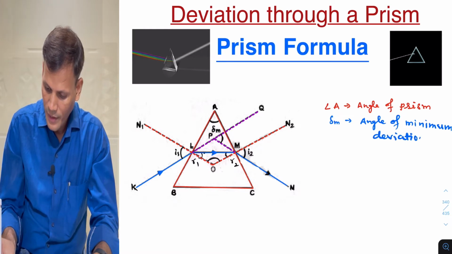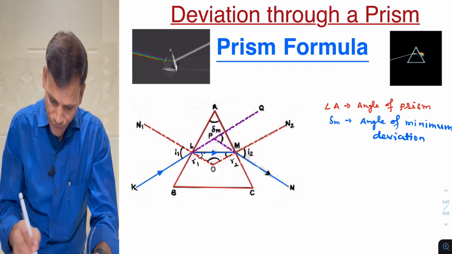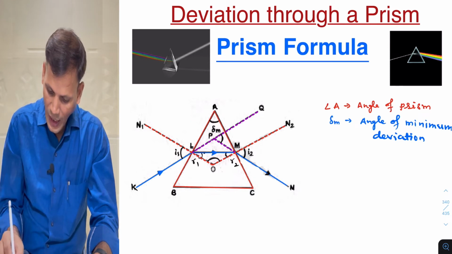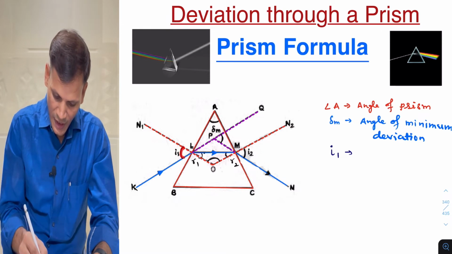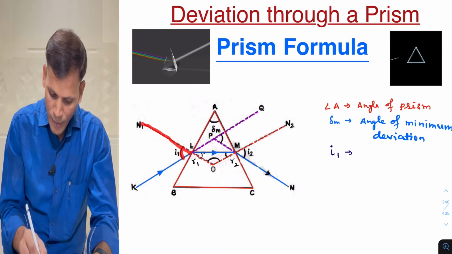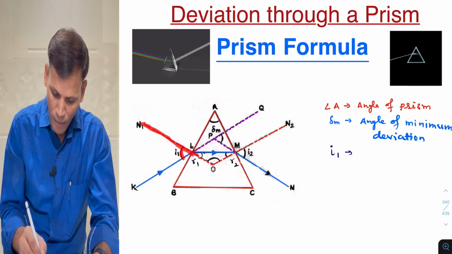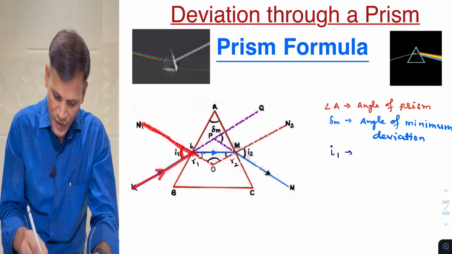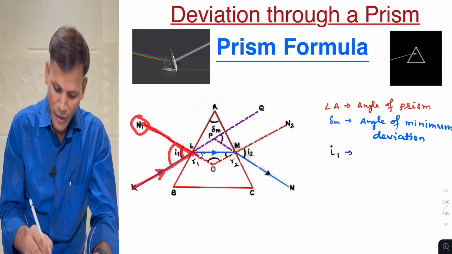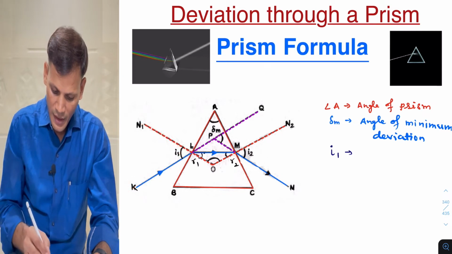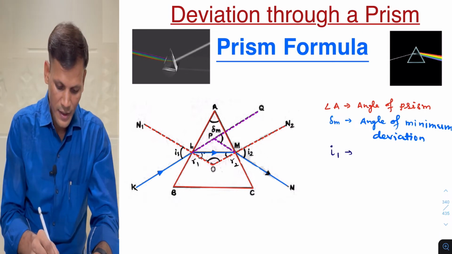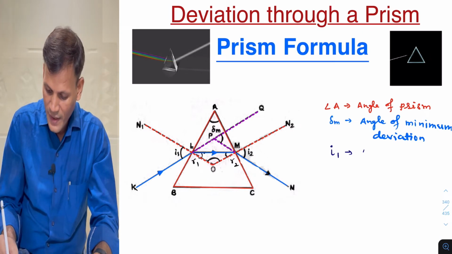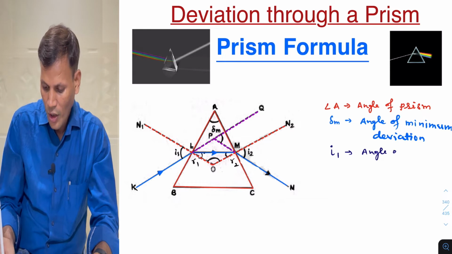What is I1? This angle is the angle between the normal N1 and the incident ray, and that angle is called the angle of incidence. So here we have I1 as the angle of incidence.